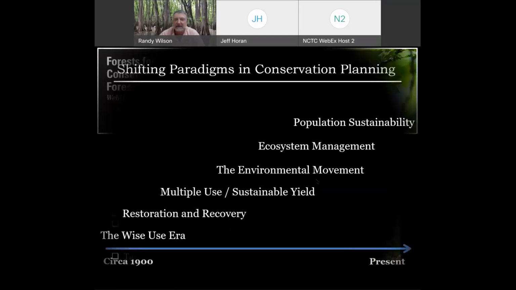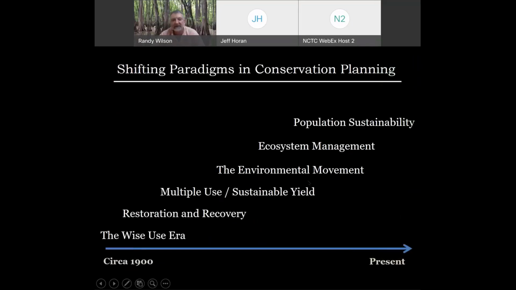Jumping right into it, the shifting paradigms. I won't go into each one, but over the last 100-plus years, you can see that the conservation paradigm has gone through several large shifts. In the early 1900s, it was the wise use era.